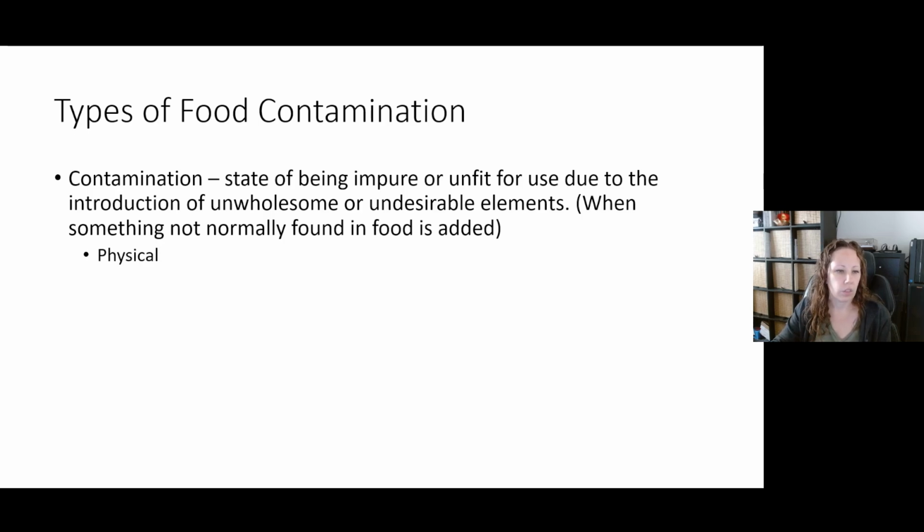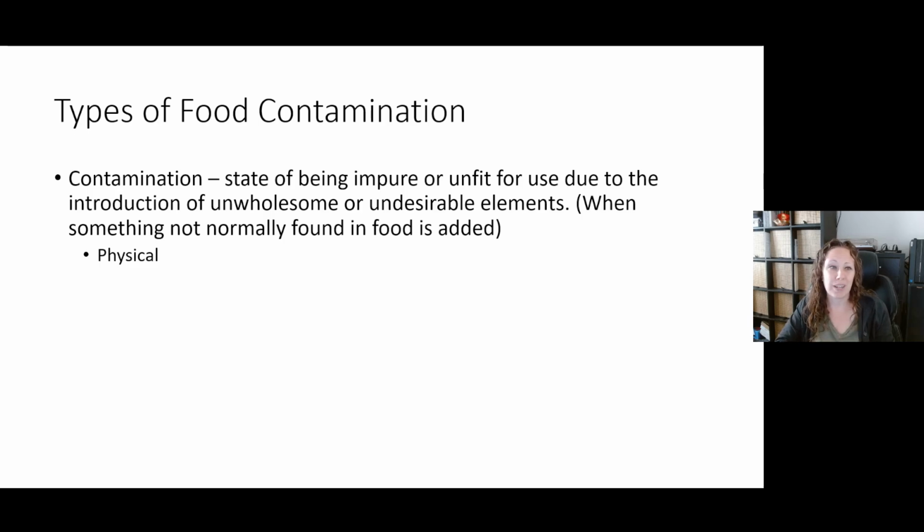There are 3 forms of contamination, and I think I might have changed the wording on these a little bit, and I want you to know it by the wording that I use, because that's going to fit nicely into the second part of the chapter when we talk about HACCP, and I actually have you do some hazard analysis for your food product development projects, okay?